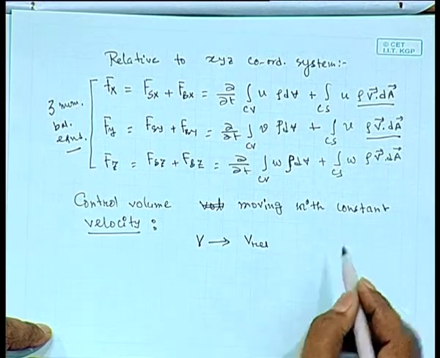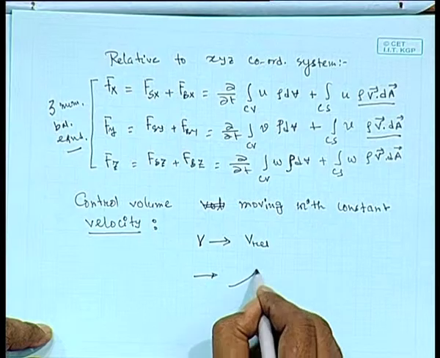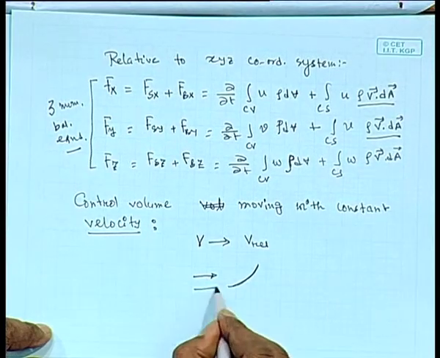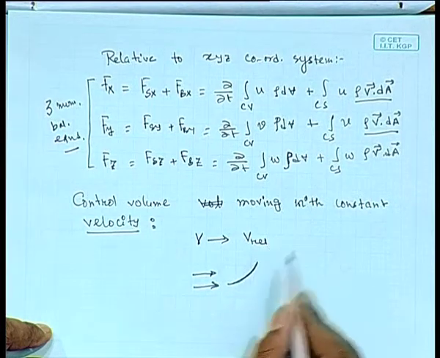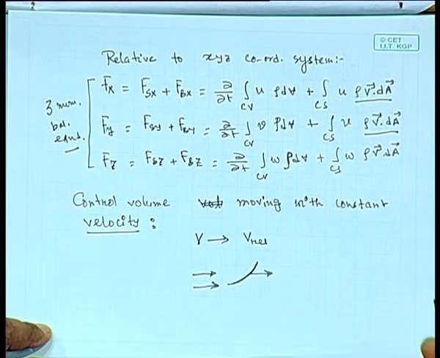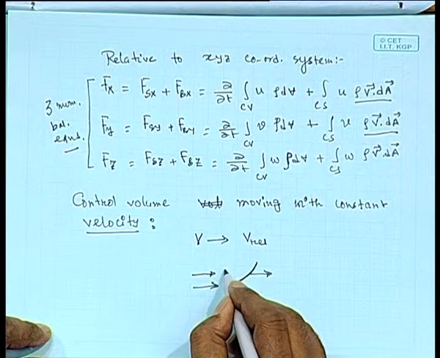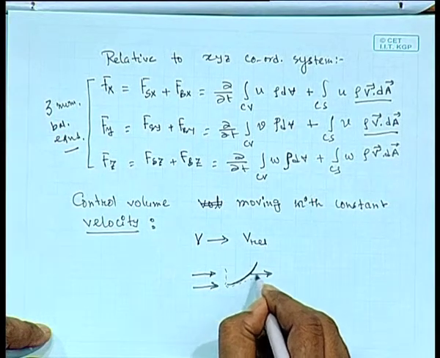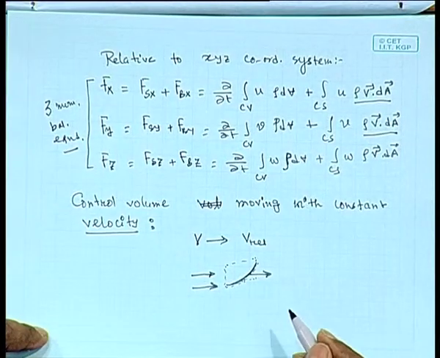Suppose a water jet is falling on a vane, moving up and coming out in this direction, and this vane is moving with a constant velocity in the positive x direction, let us say at a constant speed of 5 meters per second. What we will do is fix our control volume along the vane, maybe something like this, and do all the balances.